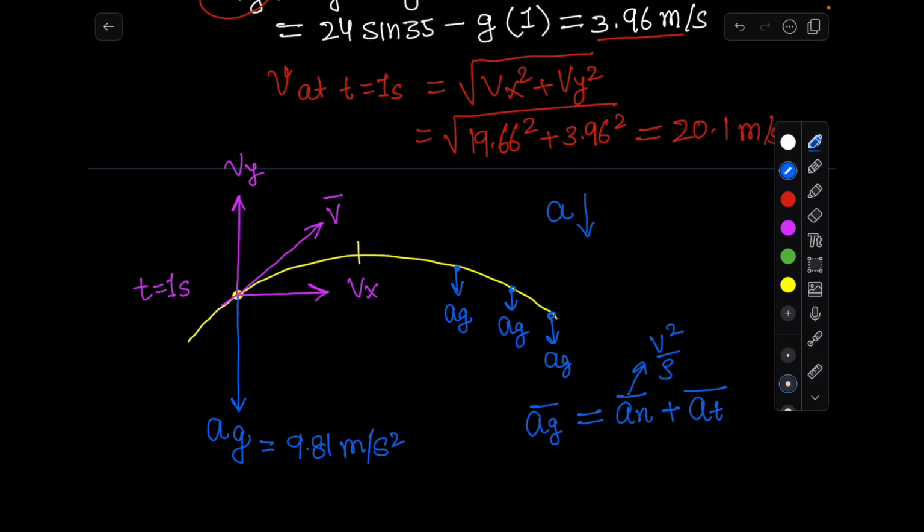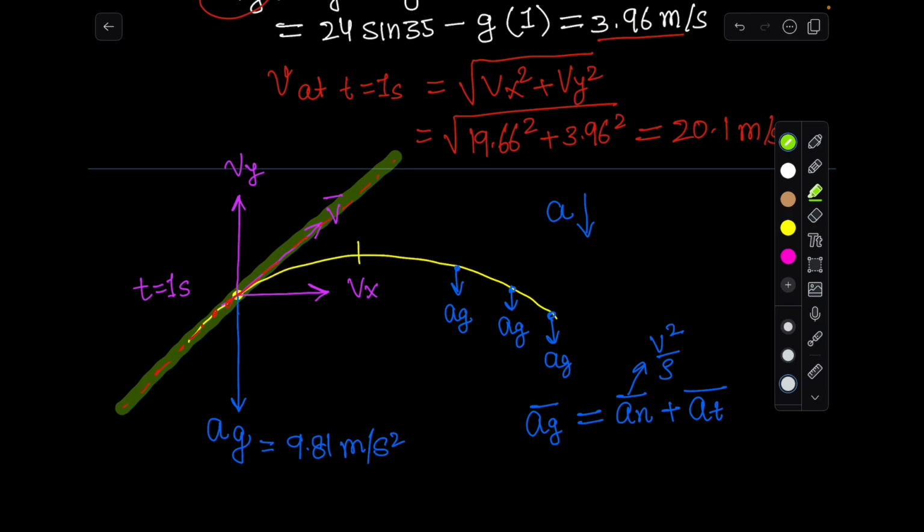As we know from curvilinear motion, AT, the acceleration in the tangential direction, is always collinear to the velocity. It means that you can see in this picture it will be on the same line of the velocity. I will highlight this, it will be on this line.